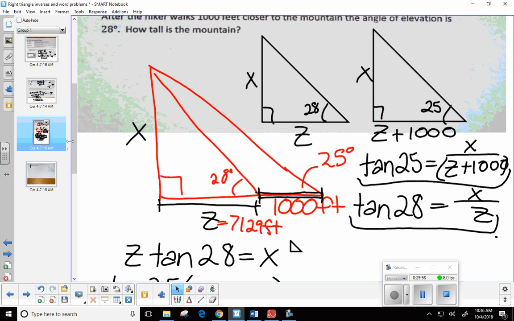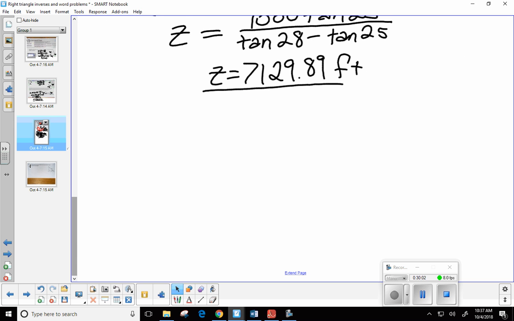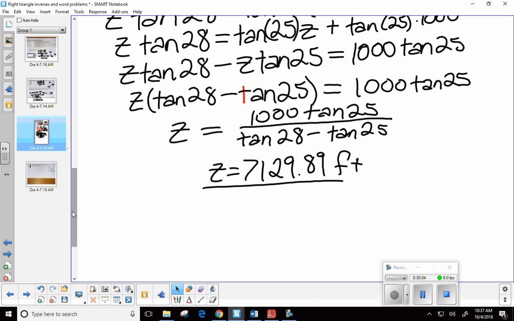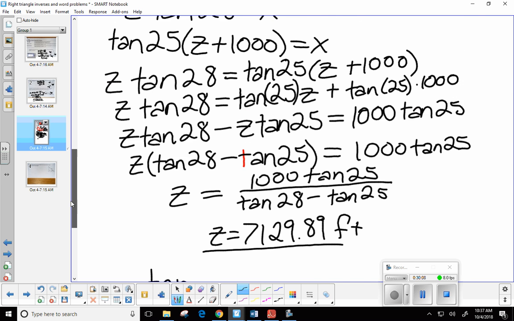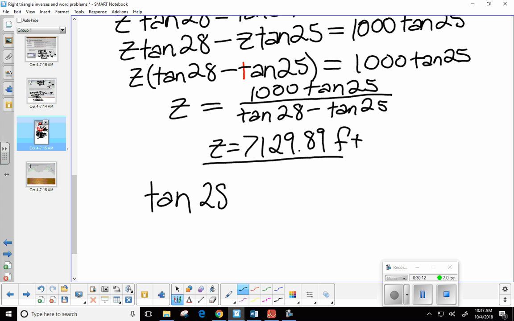That's okay, you got it. Because the tangent of 28 equals the opposite, which is x over the 7,129.89.